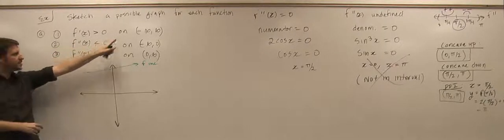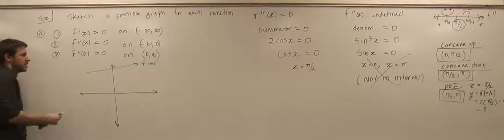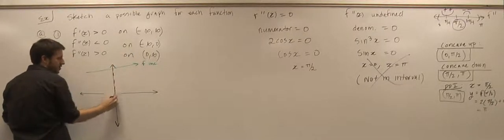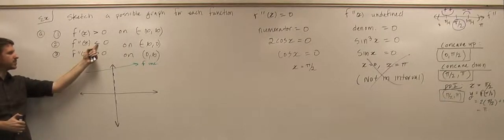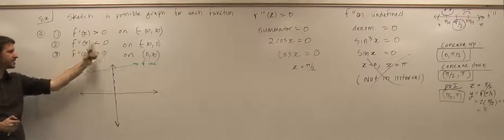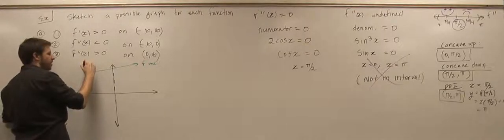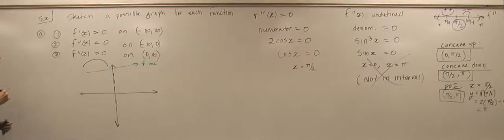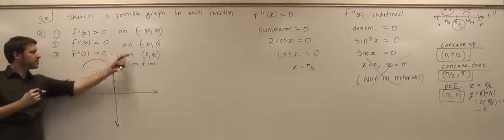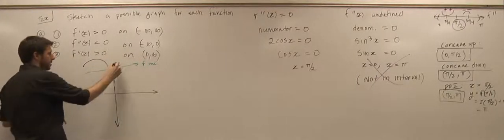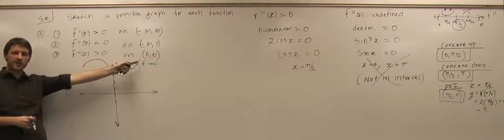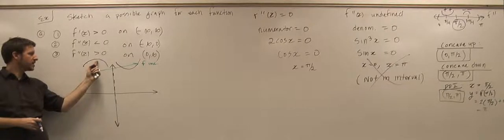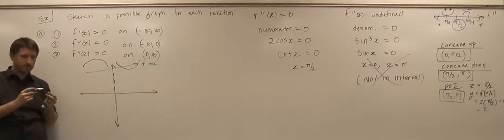F double prime less than 0 on negative infinity to 0. That means at 0 I have kind of a change in behavior. And f double prime negative means concave up or down? Concave down. F double prime less than 0 is negative, so I'm concave down over here. F double prime greater than 0 means I'm concave up over here. So I have to fit these three conditions. My function always has to be going up, but it has to change from concave down to concave up right in the middle.